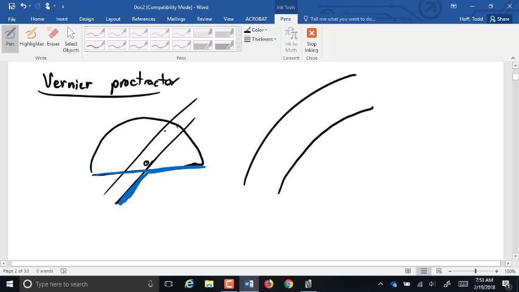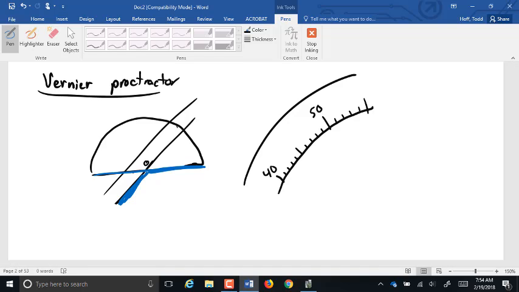So what you'll have is the regular protractor out here, and then you'll have the part that swings with this arm. That might look something like this.